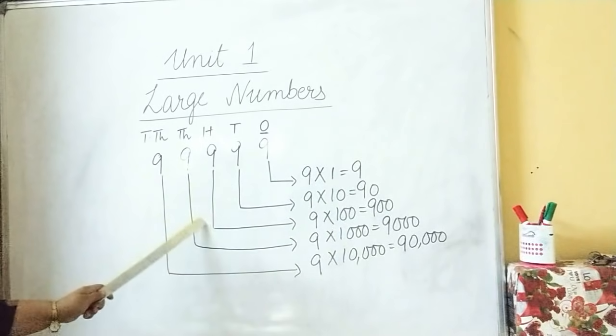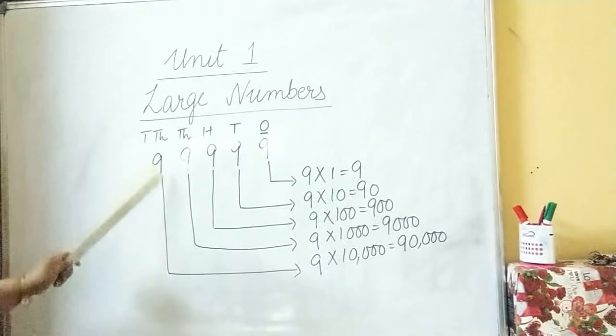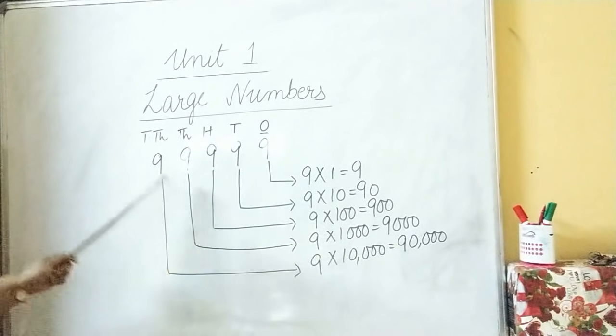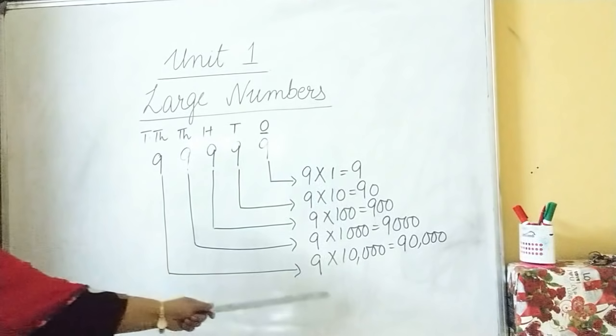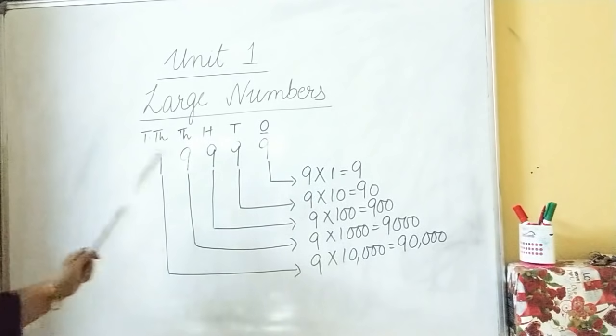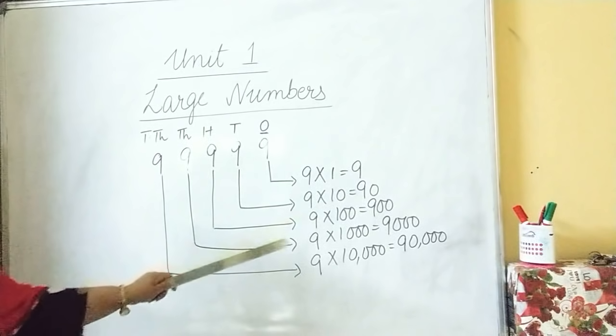The value of 9 at the 100 place will be 900. Moving on to the 1000 place, the value is 9000, and the last 9 which is left is on the chair of 10,000. So the value is 90,000. Just now we have all learned the values of 9 at the respective positions.